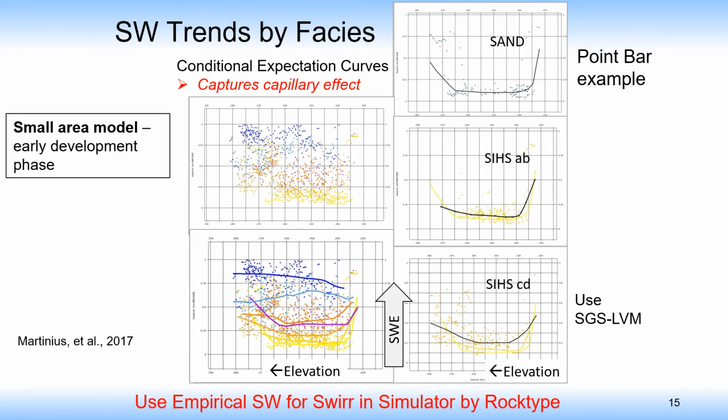Here's another example of water saturation and the capillary effect. If we look at saturation as a function of elevation for all facies, all wells, it's just a shotgun blast. So when we separate by facies, by lithology, we have the strong capillary effect illustrated.